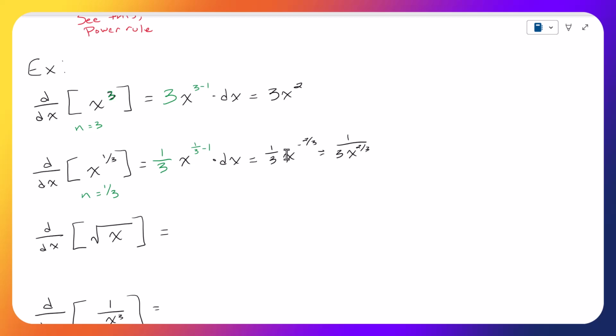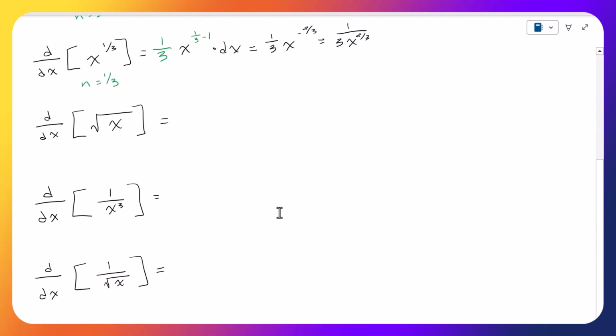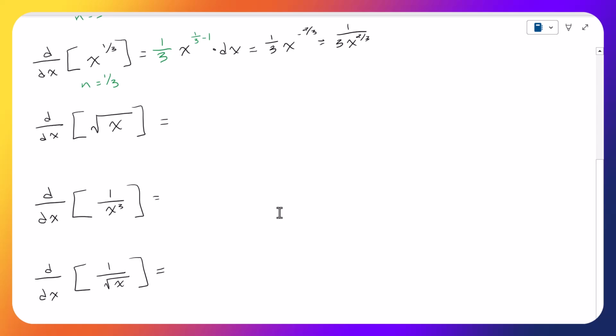Next example, this is where we start getting a little fancier with it. We have the square root of x, which we just need to turn into a power. So if we take our square root of x and we say, well, that's just x to the 1/2, now we get that our n is 1/2. So we bring our exponent to the front.